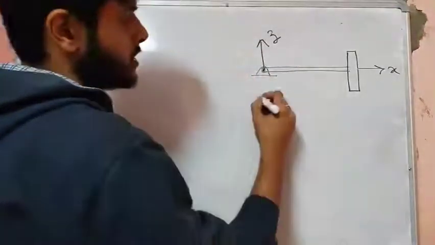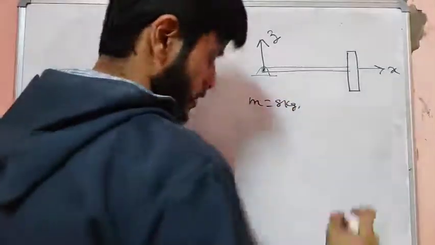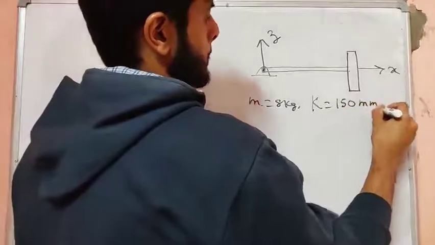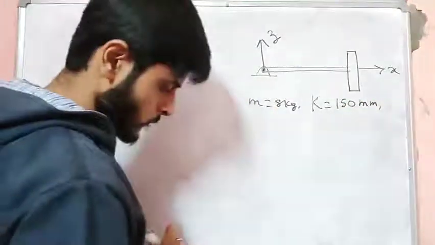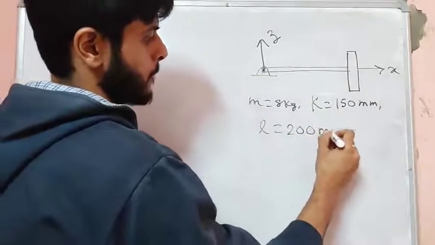The spinning disc has a mass of 8 kg. The radius of gyration is given as 150 mm. The length of the rod is 200 mm.